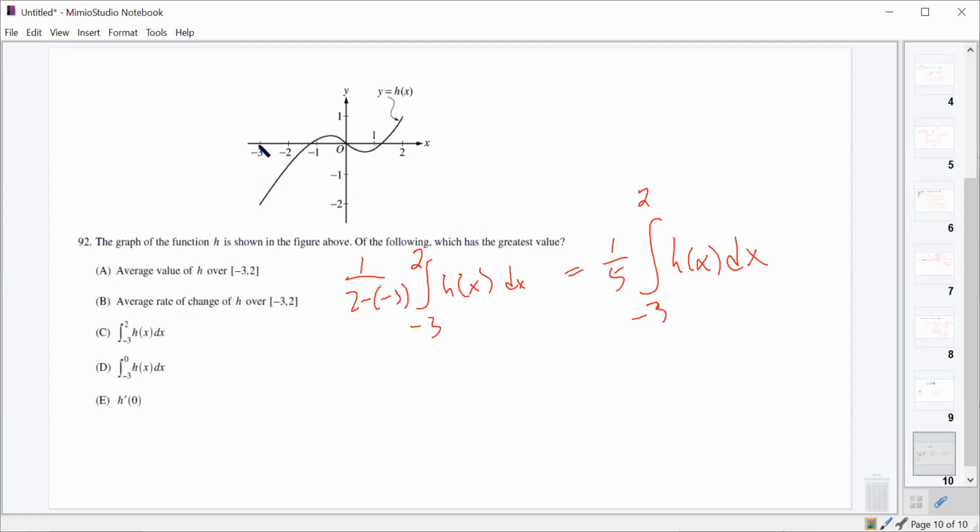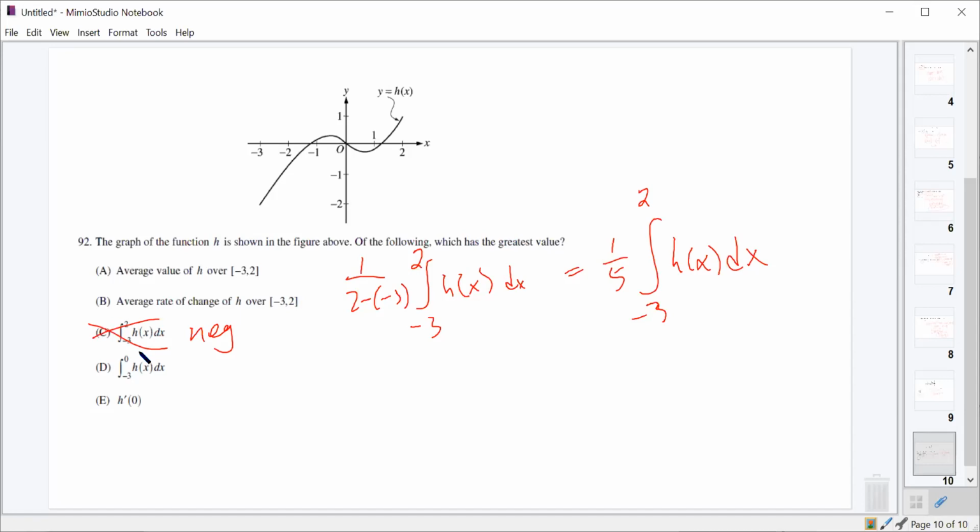So it's pretty clear that this piece is greater than this tiny little positive piece. And then we have more negative, and then we have another small positive piece. So it looks like the integral from -3 to 2 is negative, and 1/5 of that then. So if I take 1/5 of something that's negative, I actually get something that's larger. So I can immediately eliminate choice C.